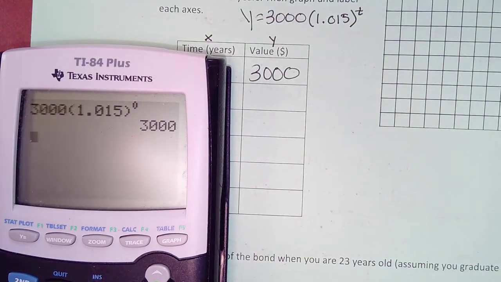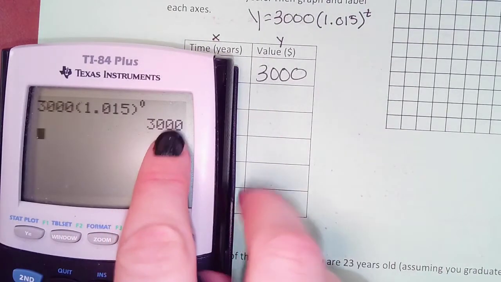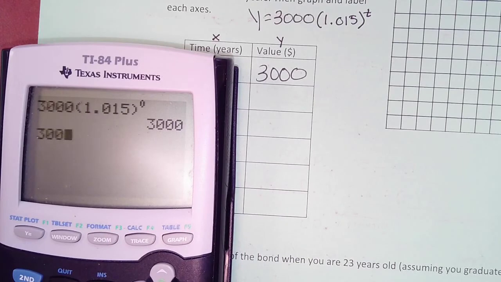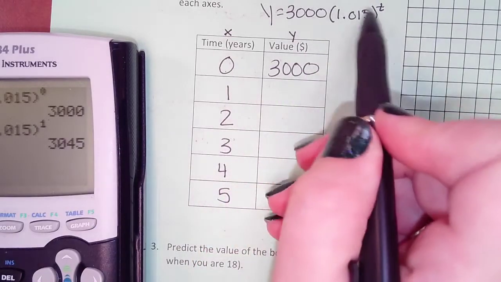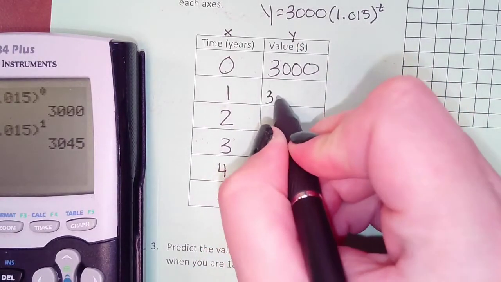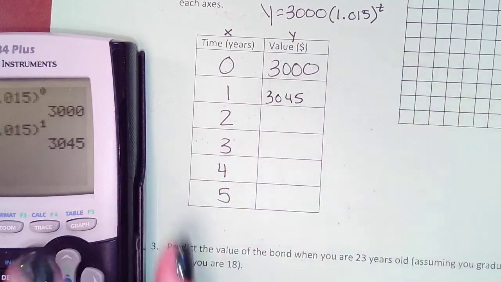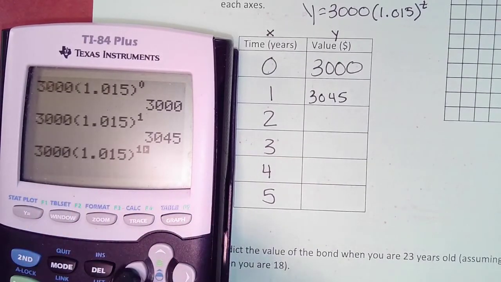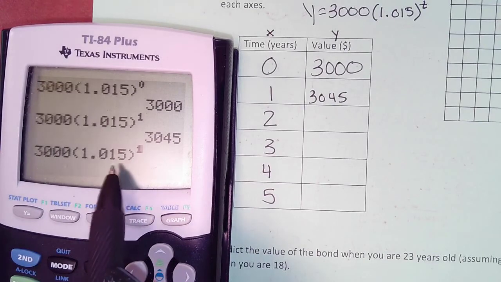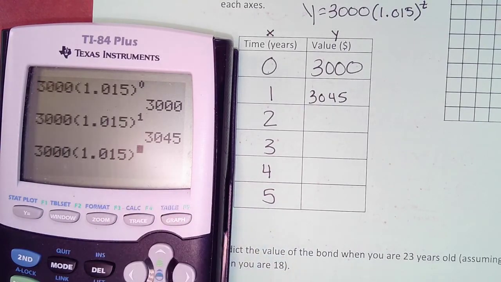Now, my calculator allows me to not retype all of that, so if you have to retype all of that to do the next one, you can, to the power of 1 now. Now we're plugging in 1 for t. We get $3,045. I'm going to press second enter because that allows my calculator to retype it all without me having to do it. If yours doesn't, pause and type it in.